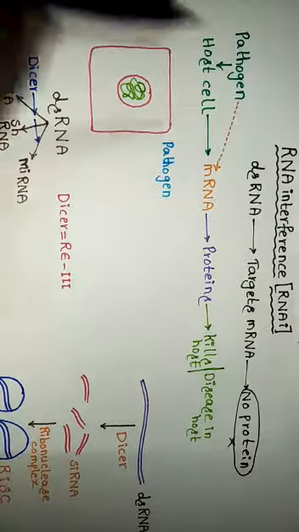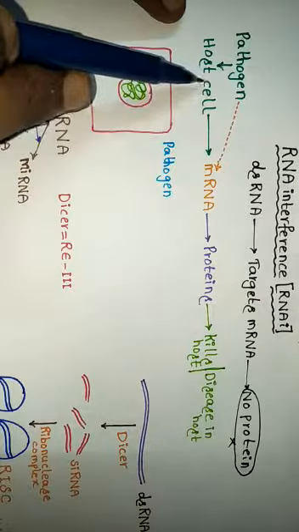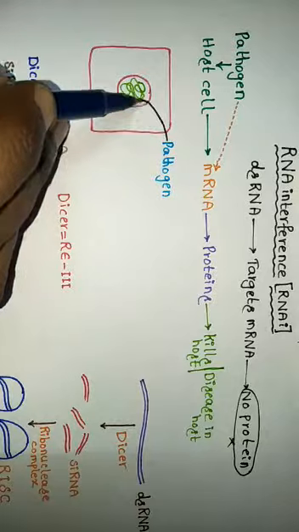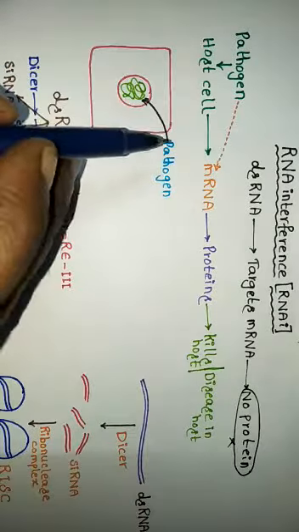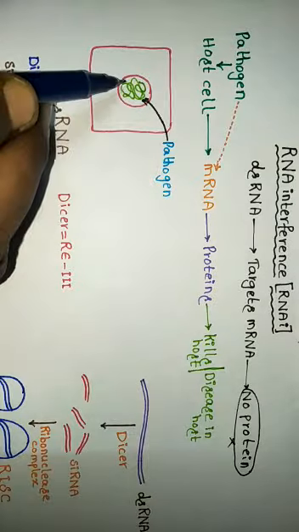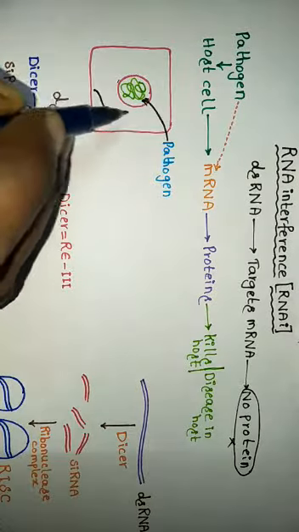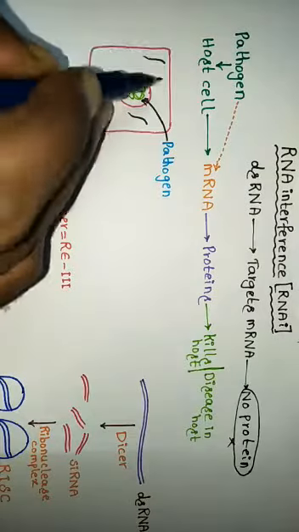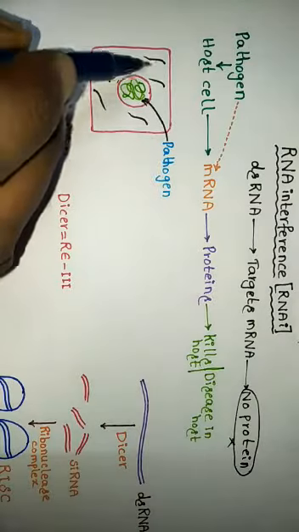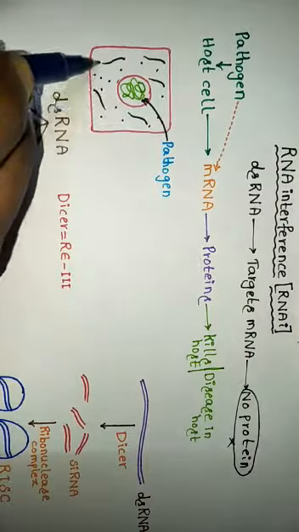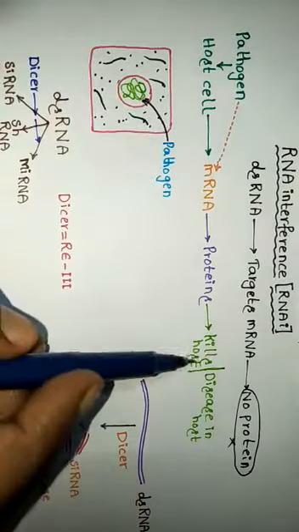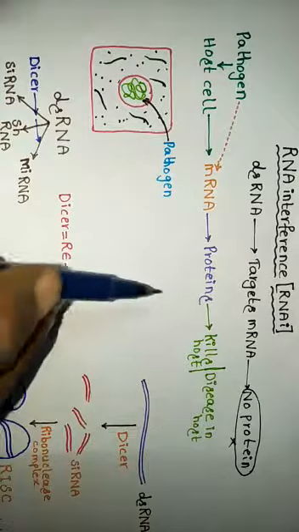When the pathogen enters into the host cell, it interacts with the genetic material of the host and produces an enormous number of single-stranded RNA, encoding n number of proteins, those proteins which kill or may cause disease in the host cell.